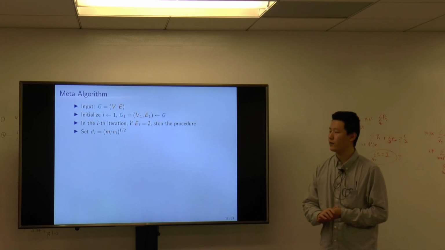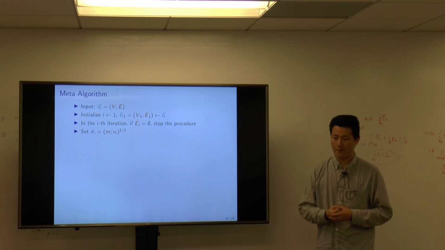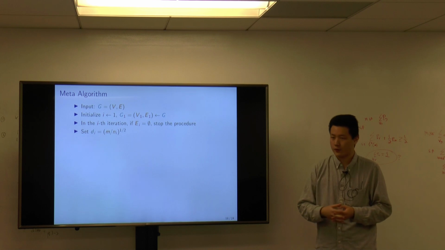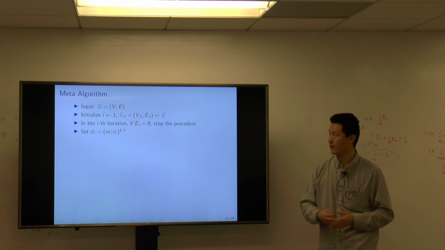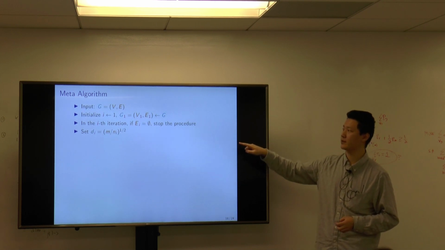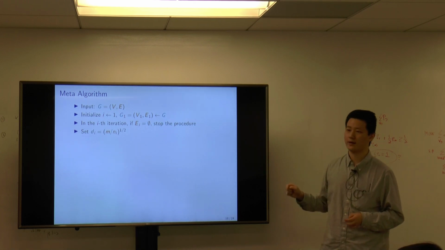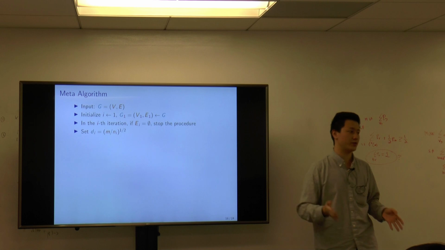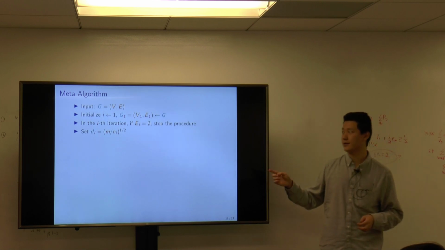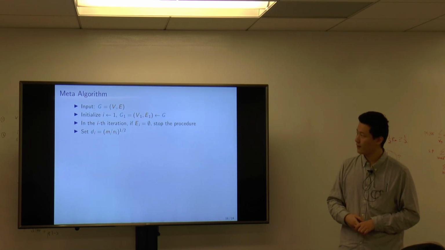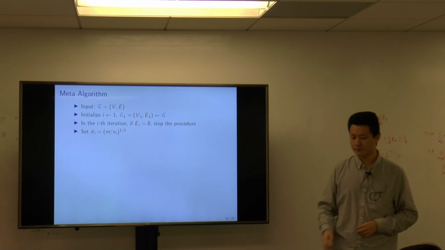Otherwise, we want to make the graph dense. So we want to construct a high degree graph. We set the degree parameter in the ith round, di, to be the square root of m over ni, where m is the total space you have, and ni is the number of current vertices.